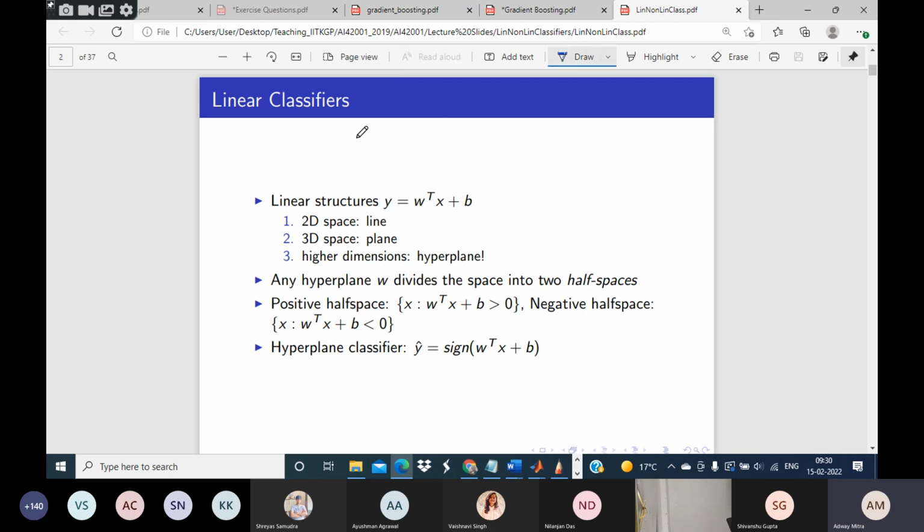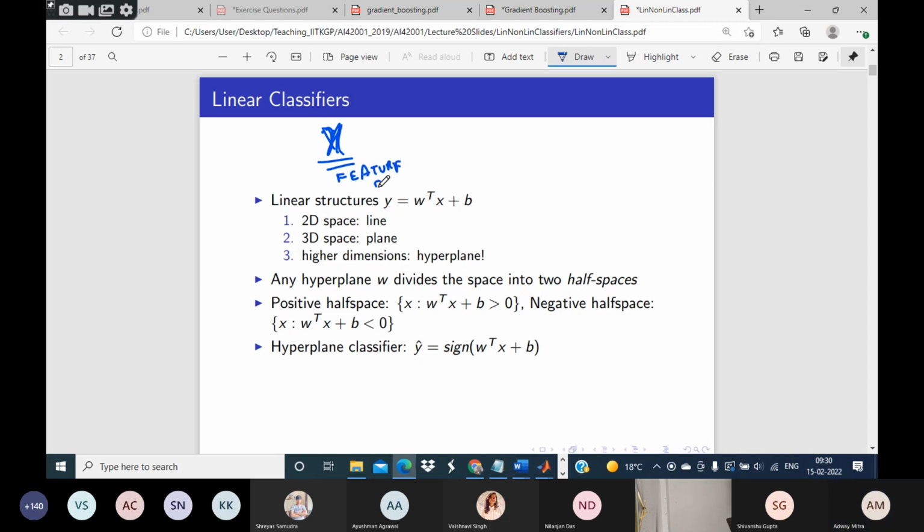For any dataset, the features live in some kind of a space which we can call the feature space. This space can be the d-dimensional real space or anything. In general, we assume it to be the d-dimensional real space, but it need not be that. It can be some other complicated space also.